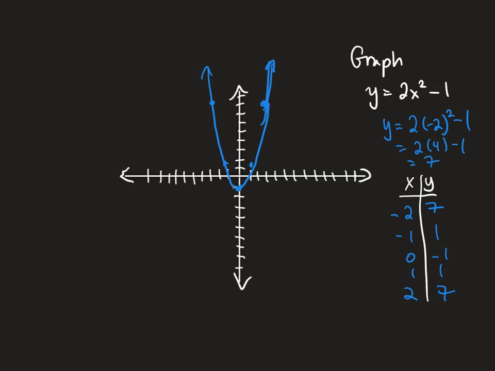And again, you could really do this for any kind of thing. The big thing is really only if you have fractions, that's when you want to be a little more selective with your x. But something like this, I could pick any x I want. I could pick x of 100 and get a really big y value, but I would get a y value nonetheless. So hopefully this is helpful for your graphing. If you do have questions, of course, let me know.